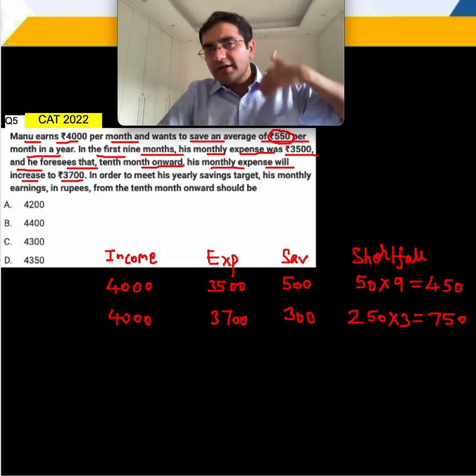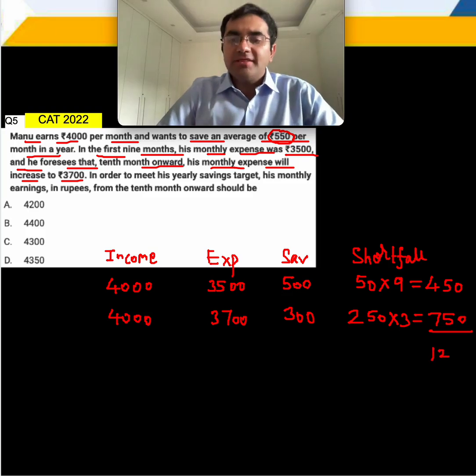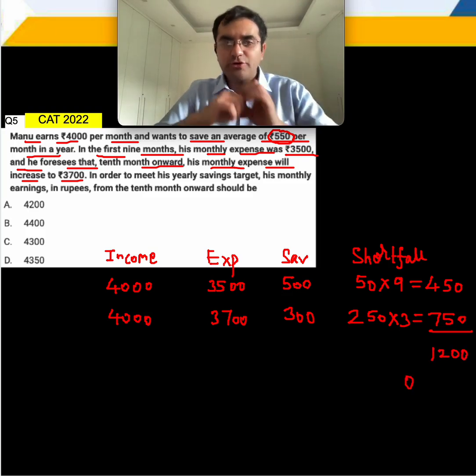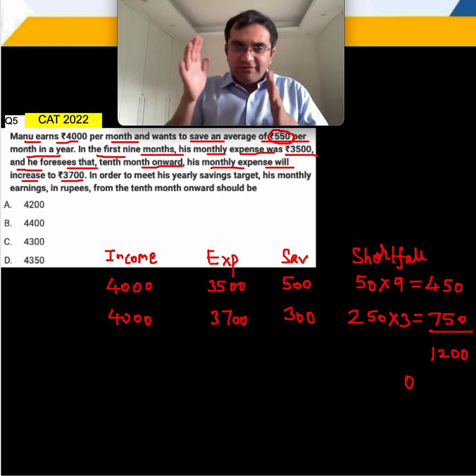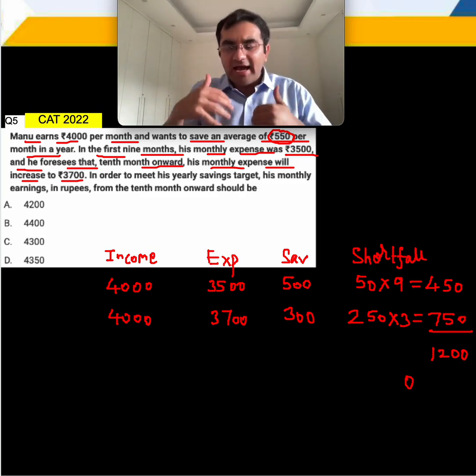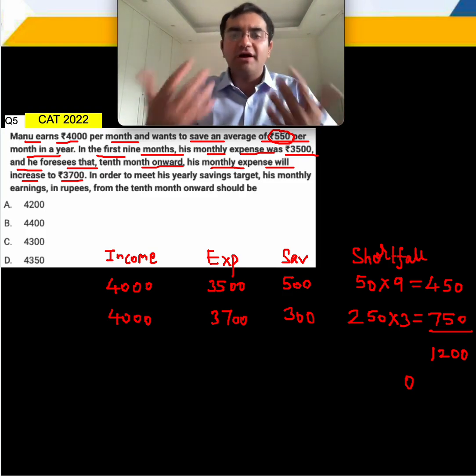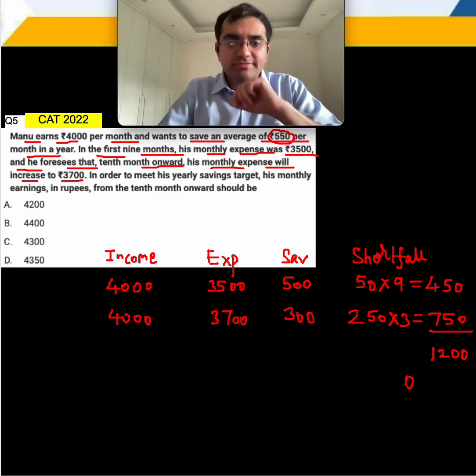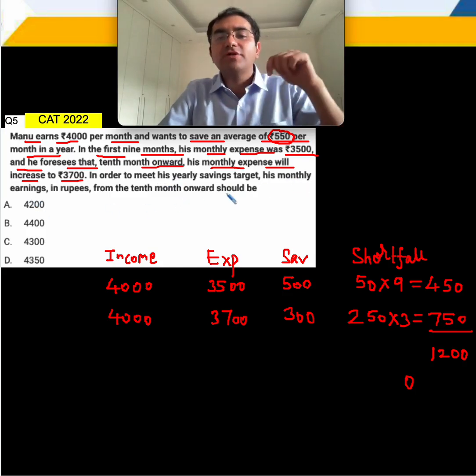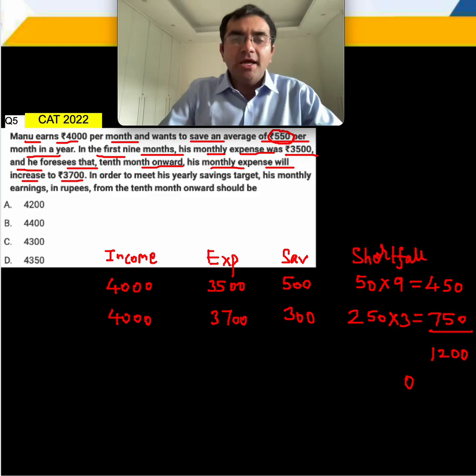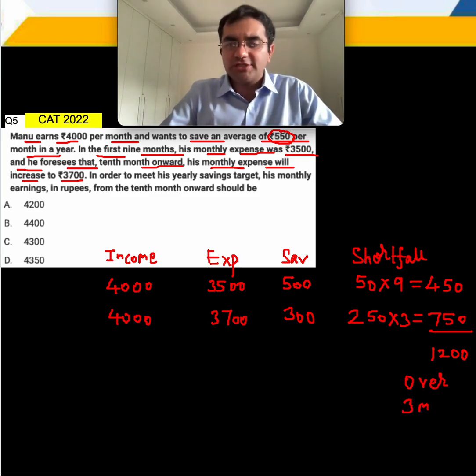So overall अगर आप साल भर का देखो, there is a shortfall of 1,200 rupees, and this 1,200 rupees has to be met or covered in the last 3 months, because it says that in order to meet his yearly savings target, his monthly earnings from 10th month should be 10th, 11th, 12th, last 3 months. So 1,200 rupees ka shortfall has to be covered over the last 3 months.